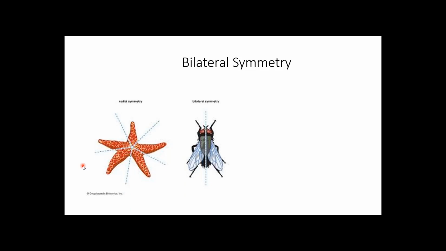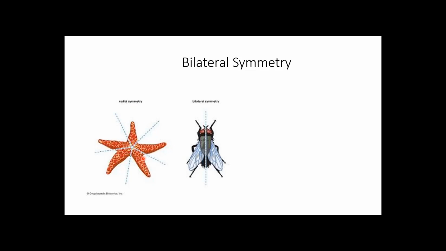Let's see if I can explain the bilateral symmetry a little bit. Bilateral symmetry just means that the left and the right side are similar, or they look the same. So in fruit flies, humans, and higher animals, or more evolved animals, they have bilateral symmetry. Starfish do not have bilateral symmetry because there's not just a left and a right that are the same.